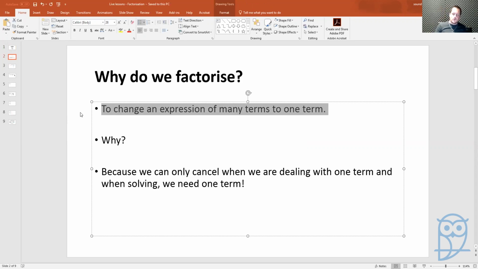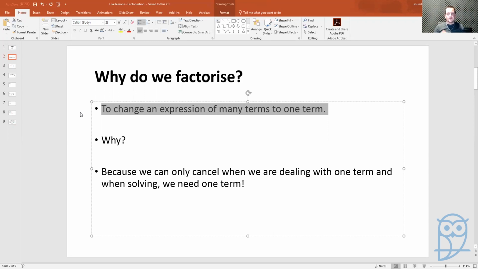So you might say, well, that's nice, I can change it. Why? Because we're only going to be able to cancel when we're dealing with one term. You're like, but cancel what? Well, that is a question we can only answer a little bit later when we come to algebraic fractions. And when we are solving, we're going to need one term.